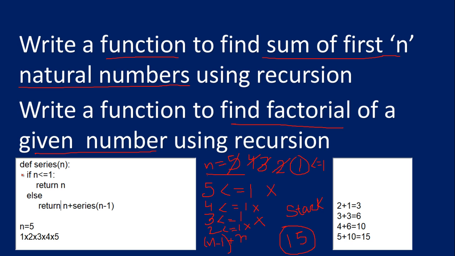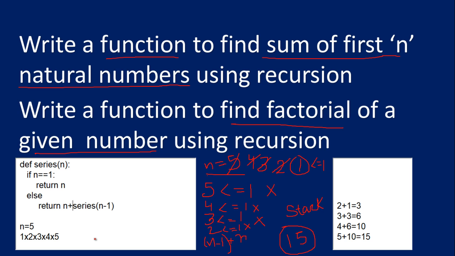So obviously in this case we have to move from the end side. If the value of n is equal to 1, then return n, that is, you have to return the value of n.